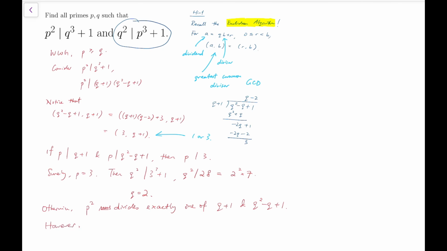However, this is impossible because p is a larger prime, larger than q. So p squared is at least equal to q squared. Now q squared is apparently greater than both q plus 1 and q squared minus q plus 1.